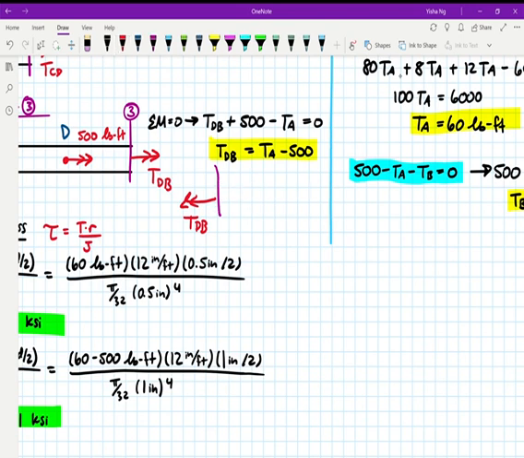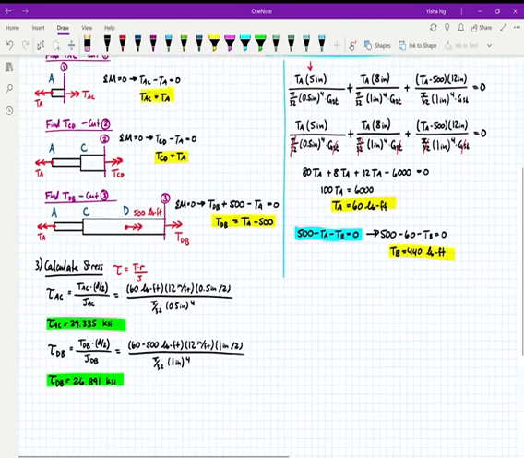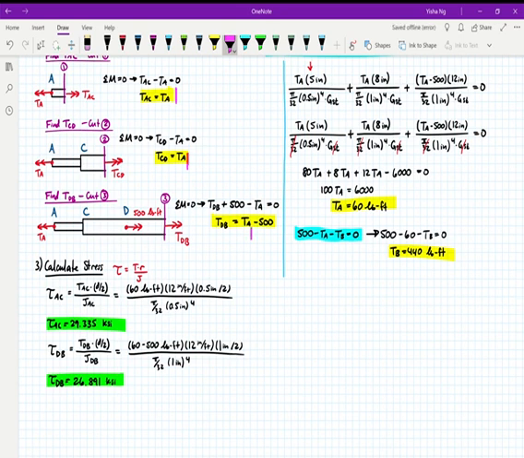I've kept the left side instead and written it this way because I want to keep everything in terms of TA. That will help me solve the equation a little bit more simply later on.